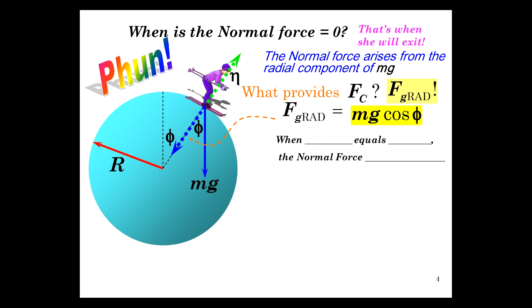Well, somewhere along the way, you're moving at a speed, and you need a certain centripetal force to move at that speed. Well, what is the centripetal force provided by? Well, of course, that is mg radial. So when the radial component of gravity equals the centripetal force, the normal force will disappear.